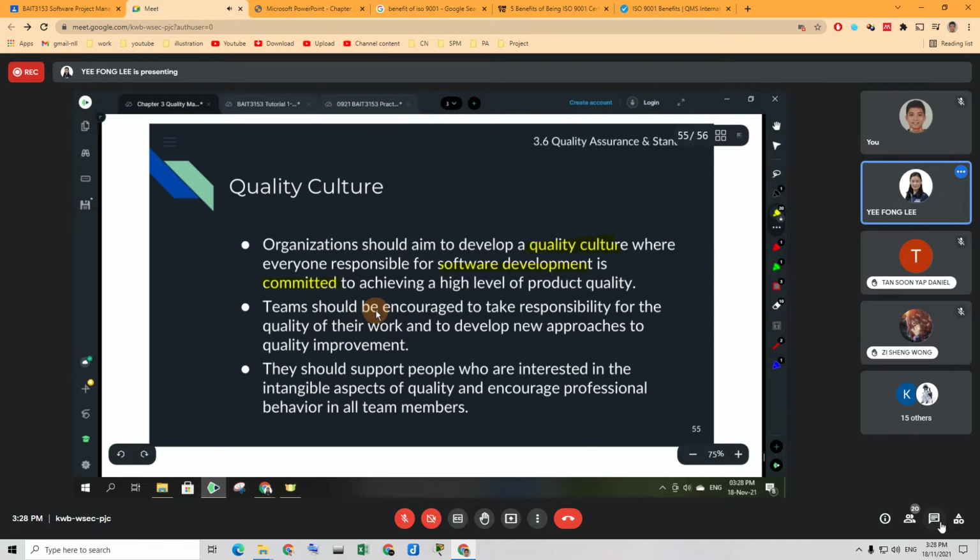The team should always be encouraged, and everybody must take the responsibility to produce quality work, to improve the quality.